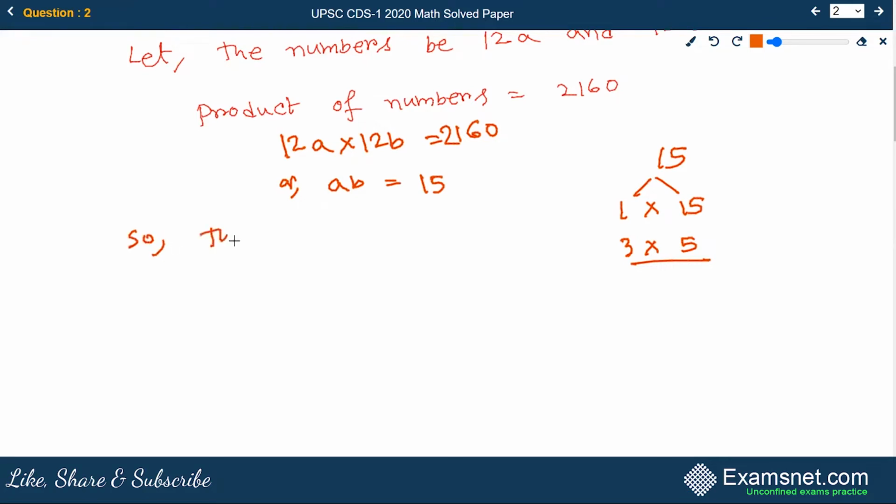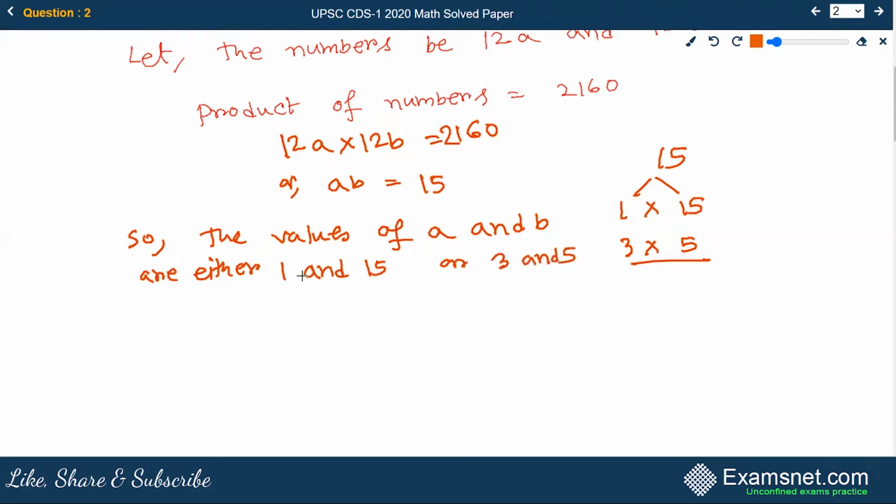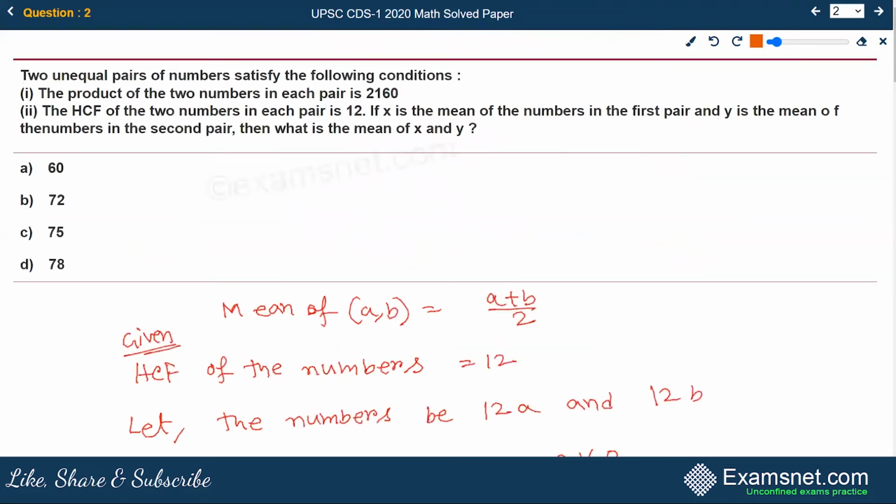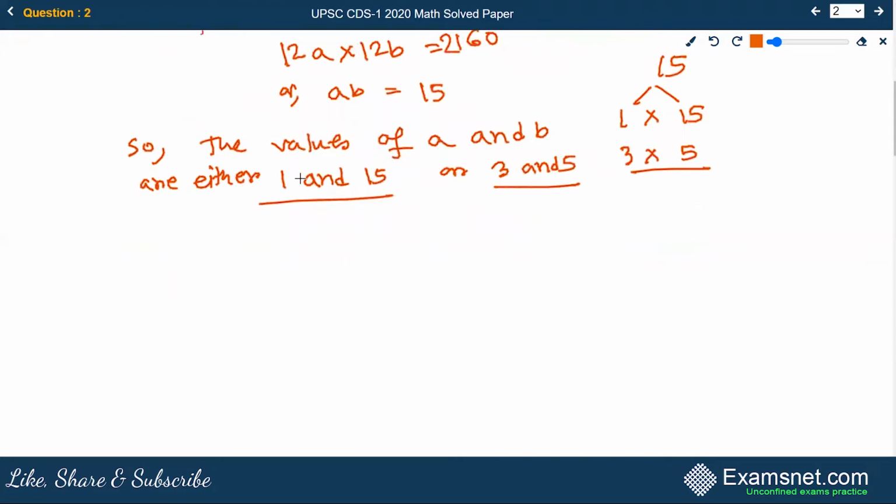The values of A and B are either 1 and 15, or 3 and 5. These are the two possible cases, and we are already given the two unequal pairs.